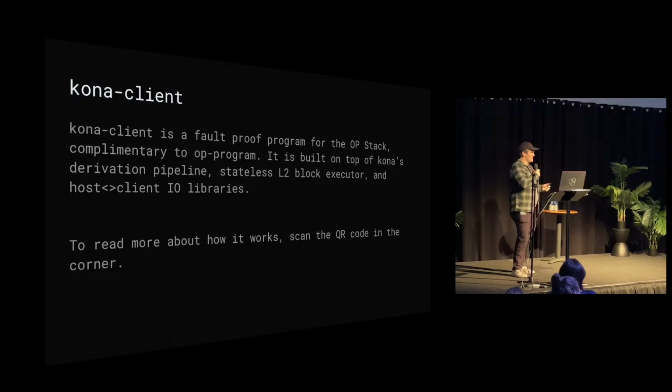We can't execute the full program on chain on those VMs just because it would cost too much gas. So we have the bisection game, which allows us to narrow in on the instruction step that we're looking for, and ultimately that can decide the total dispute. And so Kona client is at that very top level of the smushing together of the consensus layer and the execution layer.